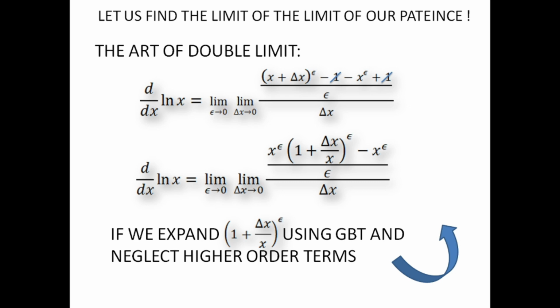Now we did a trick in the upstairs. We have pulled out x power epsilon from the x plus delta x power epsilon. If we do that, we have x power epsilon times 1 plus delta x by x power epsilon minus x power epsilon, divided by epsilon over delta x.